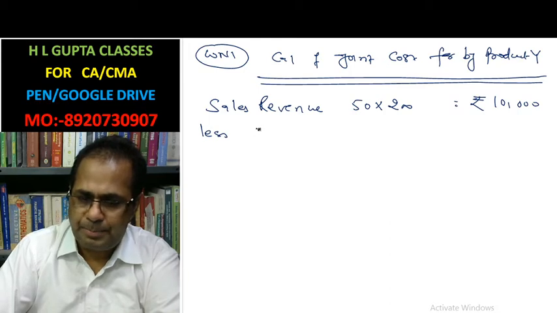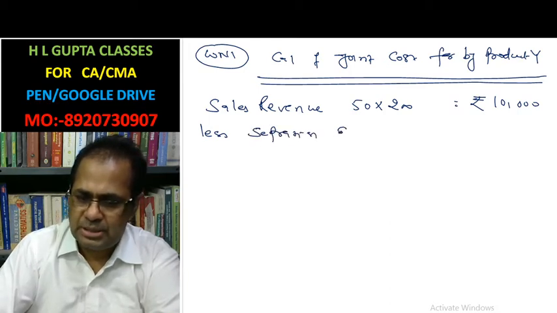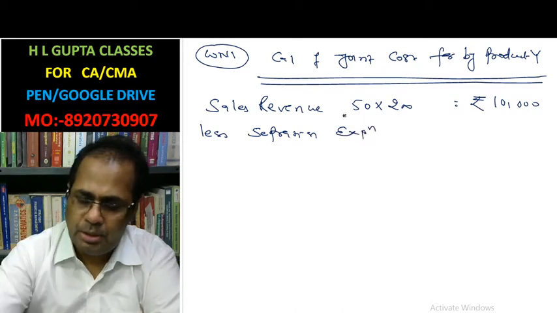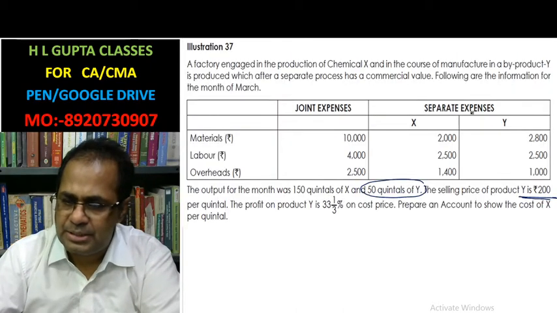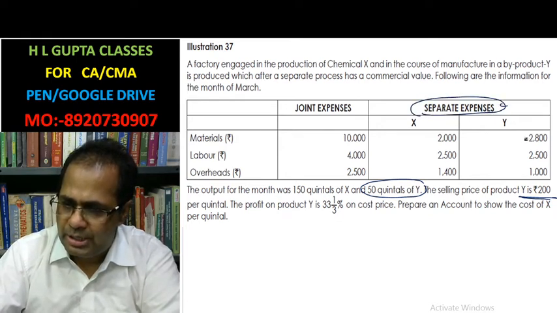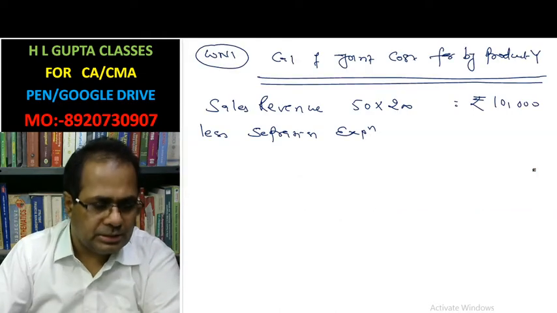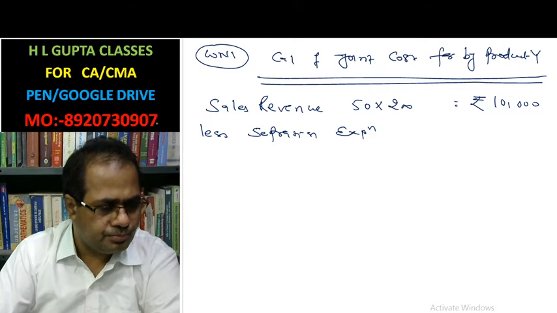Less separation expenditure for Y: 2,800, 2,500, 1,000. This is the material cost.